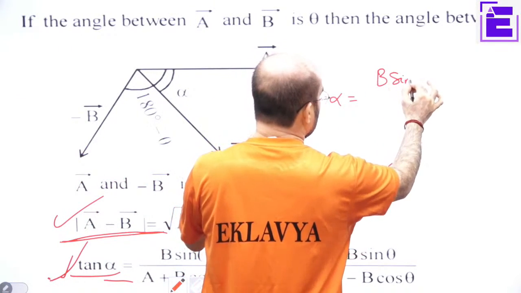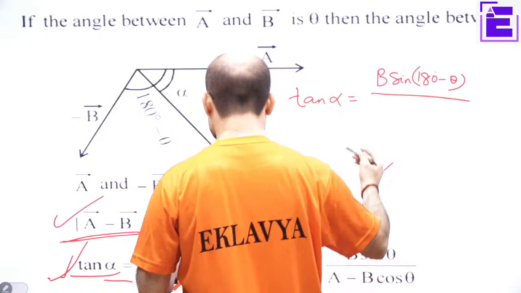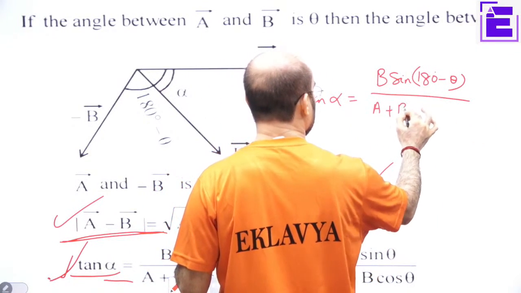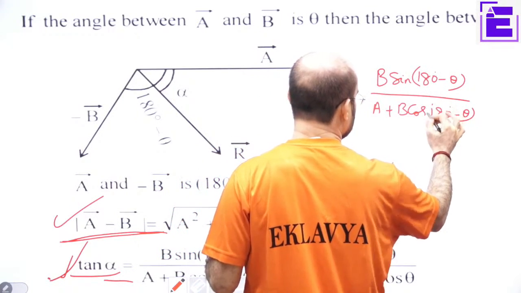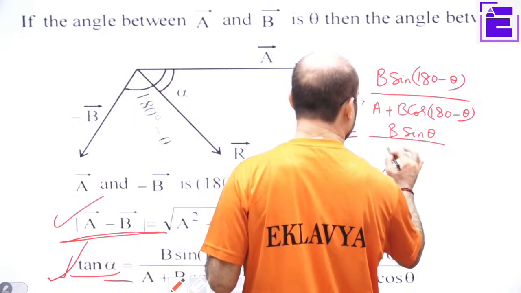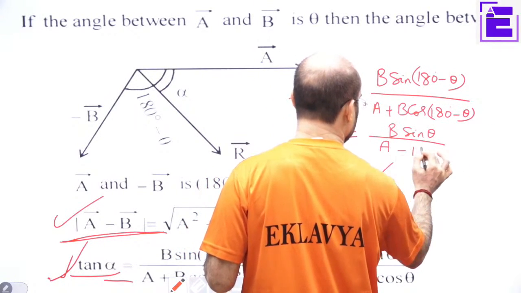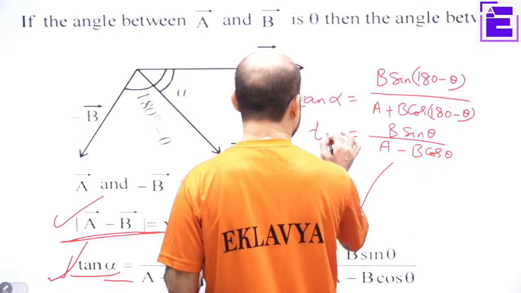It is B sin 180 minus theta, and then A plus B cos 180 minus theta. So ultimately what you are going to get is tan alpha equals B sin theta upon A minus B cos theta.